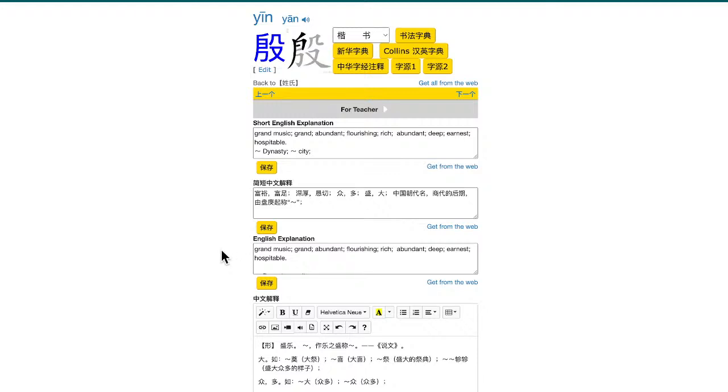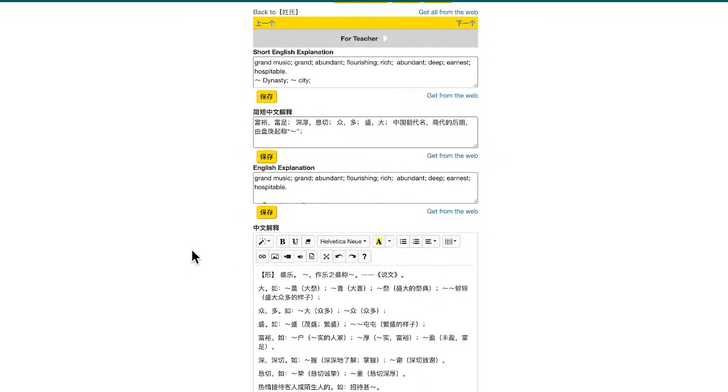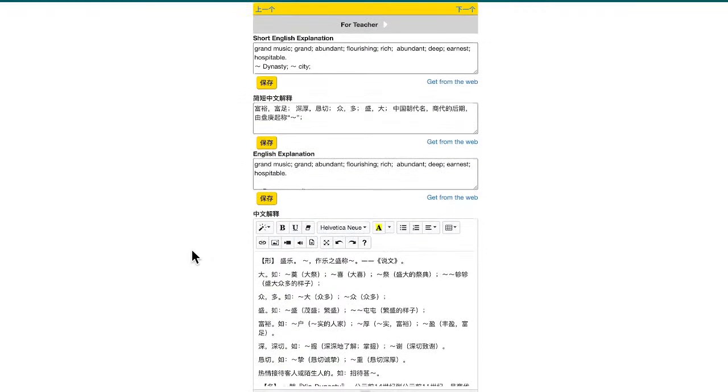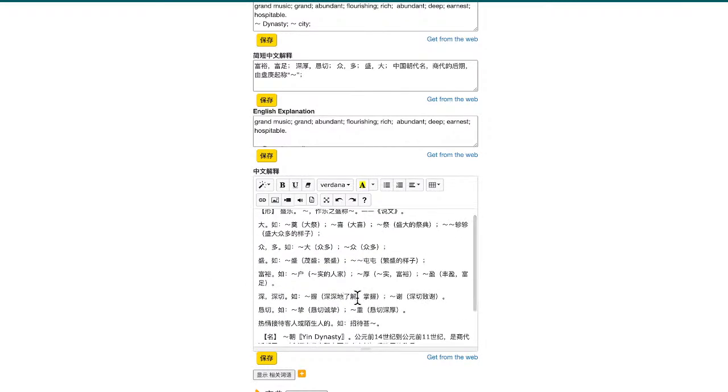Okay, and so this character also means big, means grand, means abundance. Okay, and also means deep, means sincere. All of that. For example, 家境殷实, 殷实. So this is referring to a family who has a deep pocket, has a lot of money, properties, a lot of stuff, very thick and big, deep.